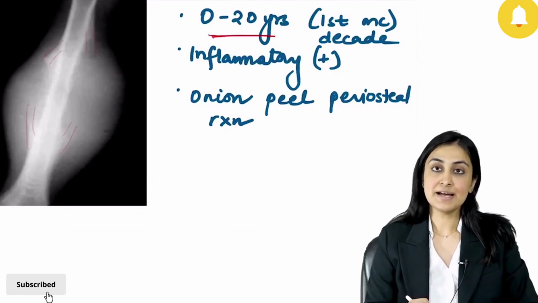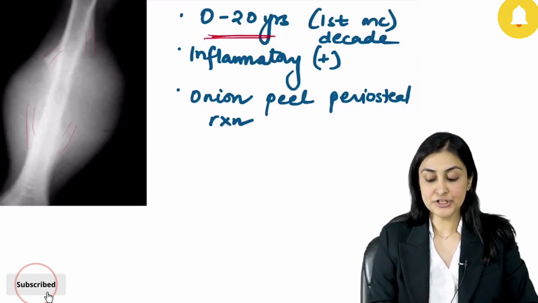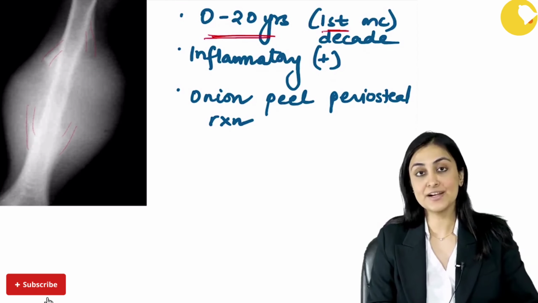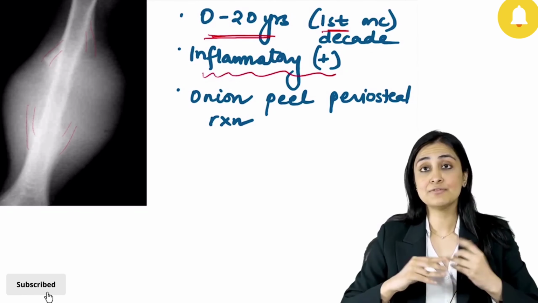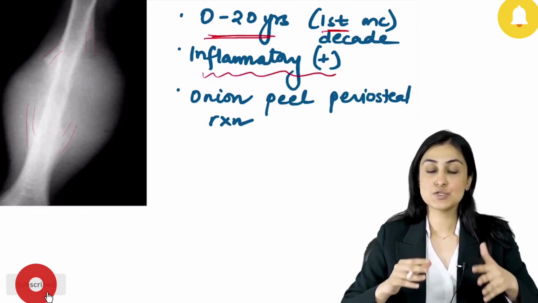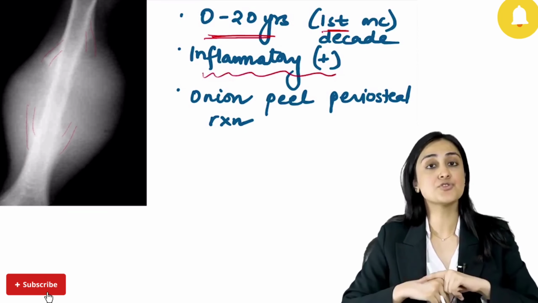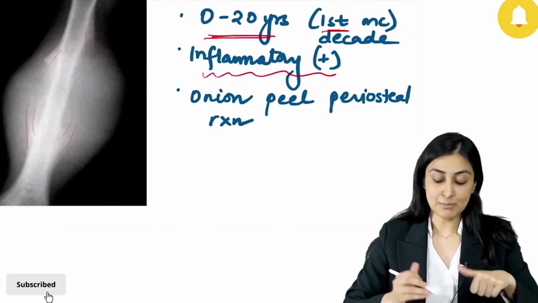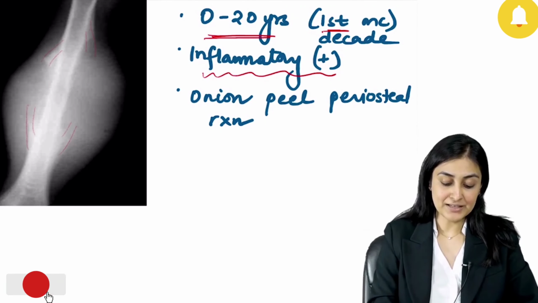Looking at the next diaphyseal tumor, here you will get a history of a young child, 0 to 20 years of age, more commonly in the first decade. The child has fever, and a swelling with erythema and a large soft tissue component, which will make you think: is it infective or inflammatory? But when you look at the X-ray, you find a large permeative lesion.